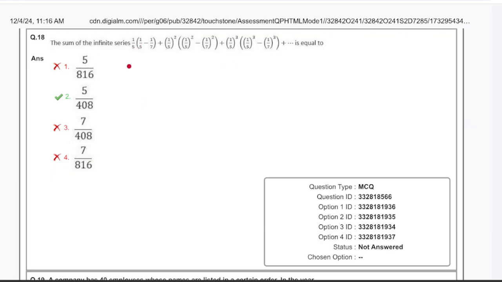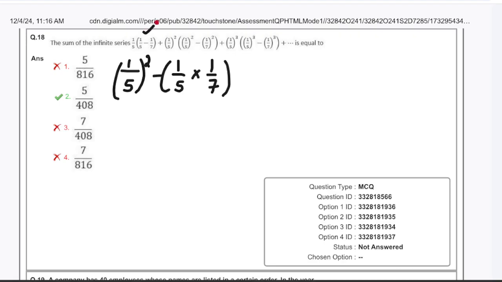The first term becomes (1 by 5) whole square minus 1 by 5 into 1 by 7. For the second term, when I multiply inside, I get 1 by 5 raised to power 4 minus 1 by 5 square into 1 by 7 square, which I can write as (1 by 5 into 1 by 7) whole square.